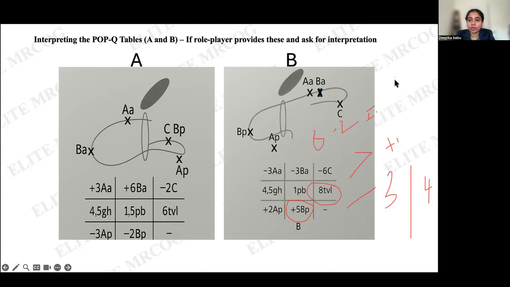Is 6 the bigger number or is +5 the bigger number? 6. So it is less than total vaginal length minus 2 centimeters, so it becomes stage 3. And what prolapse? Most probably posterior rectocele. Here it is stage 4 cystocele, and here we are dealing with stage 3 rectocele.